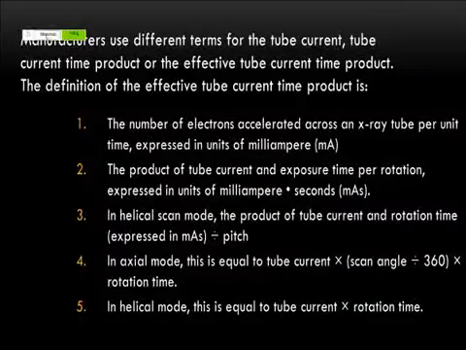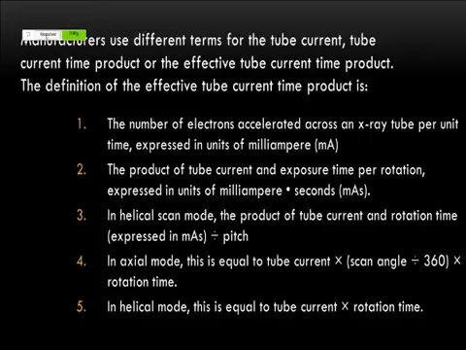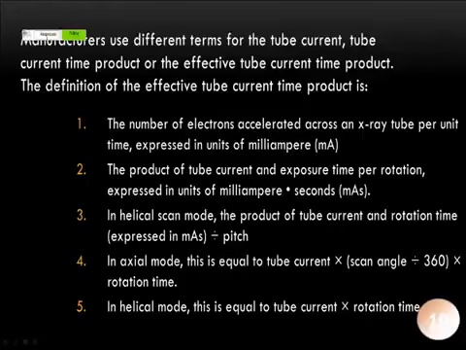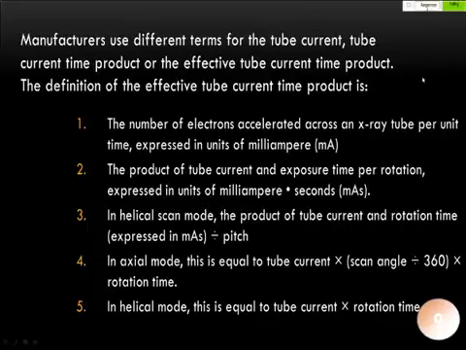Okay, next, Sam's question. We ready? Good. So the manufacturers use different terms for the tube current time product, or the effective tube current time product. And the definition of effective tube current time product is the number of electrons accelerated across an X-ray tube per unit time, expressed in units of milliampere.